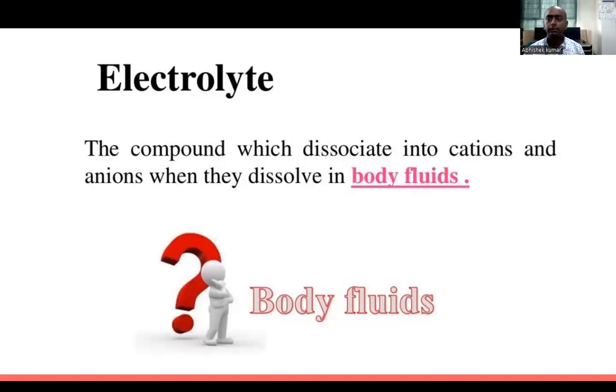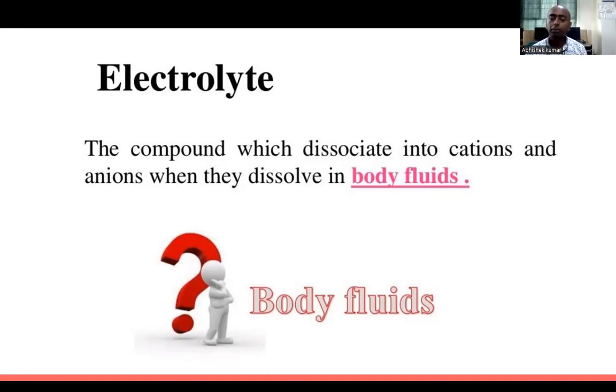Electrolytes: simply we can say that if mixed in body fluid, they dissociate into cations and anions. It is a cationic and anionic form of a compound which dissolves to give energy to a particular cell for functioning or maintaining the whole function of the body.